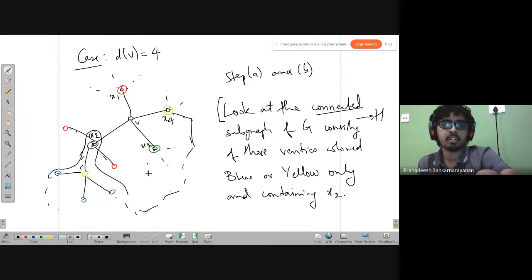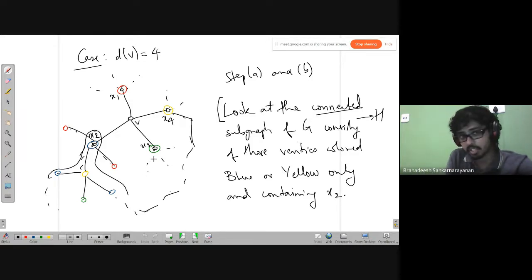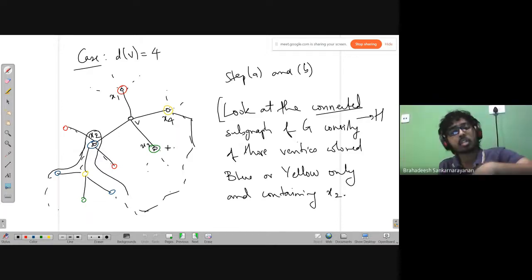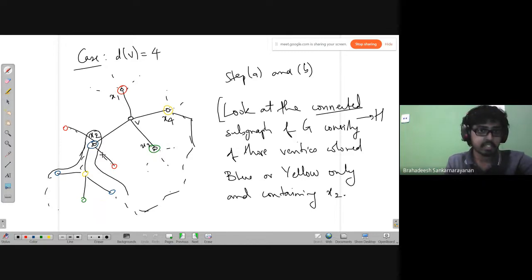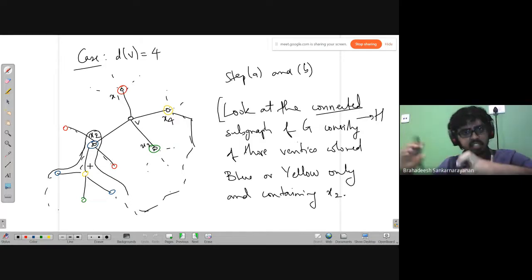But if that is the case, then just look at this. What are all the edges between those vertices which are in H and those vertices which are not in H? They must be edges between vertices colored either blue or yellow with vertices colored either red or green.